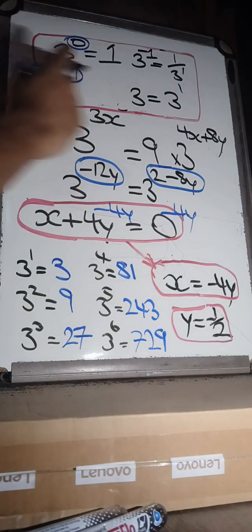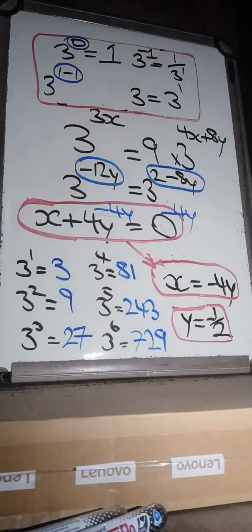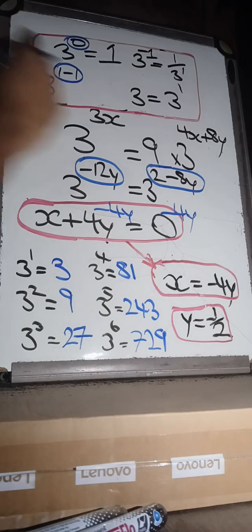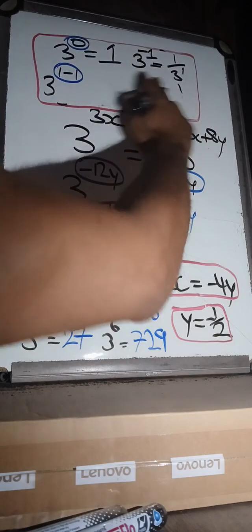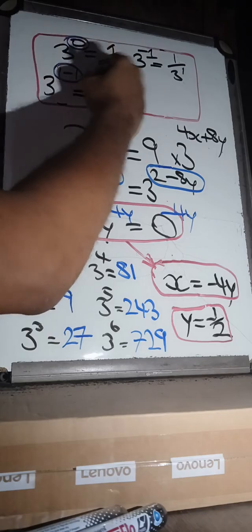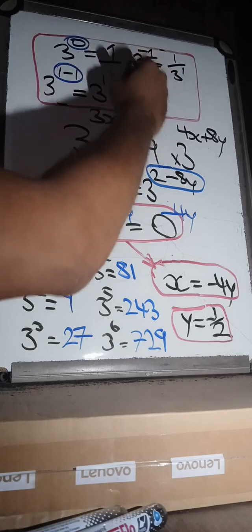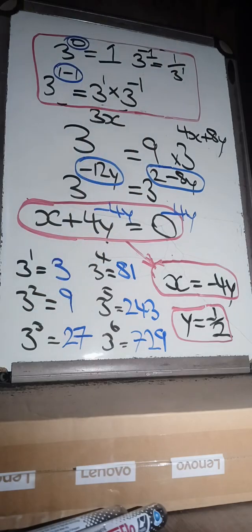But if you were to separate these exponents, it would end up looking like 3 to the 1 times 3 to the minus 1. So this is the same as saying 3 to the 1 times 3 to the minus 1.